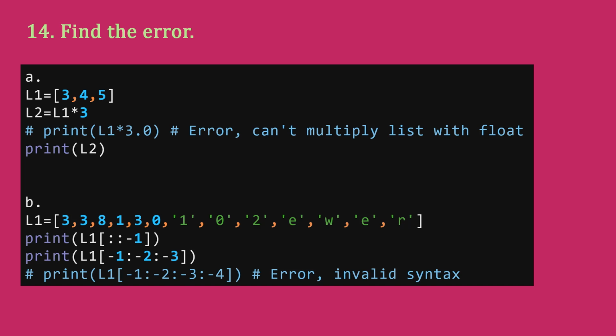Okay, now next print L1[-1:-2:-3]. So here starting index is -1, then stop index is -2 and step value is -3. So this is correct. Now next one is print L1[-1:-2:-3:-4]. This is one invalid list slicing statement. So this one will produce error.